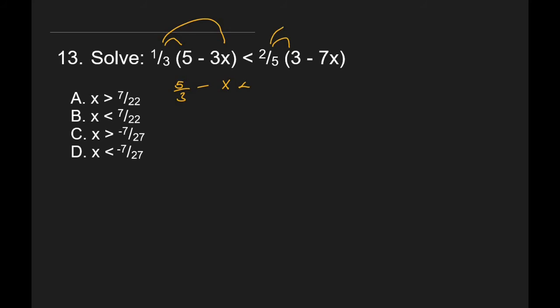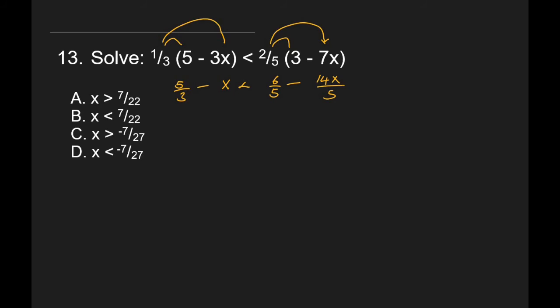Open the bracket by multiplying this by what's in the bracket. 2 over 5 times 3 is 2 times 3 over 5, which is 6 over 5 minus 2 over 5 times 7x will be 2 times 7 times x, which is 14x over 5.